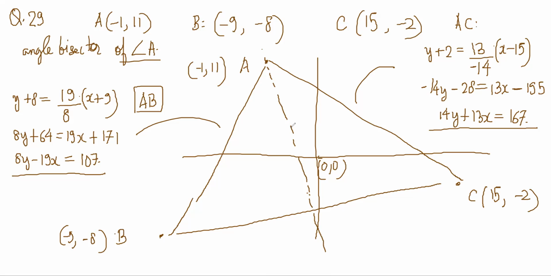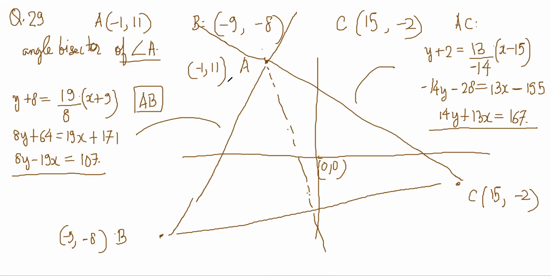Slope will be negative. So slope should be negative, so that should possibly differentiate between the two. I guess that should be the differentiating point. Otherwise, the other angle bisector would be between AB and AC. What is the other?